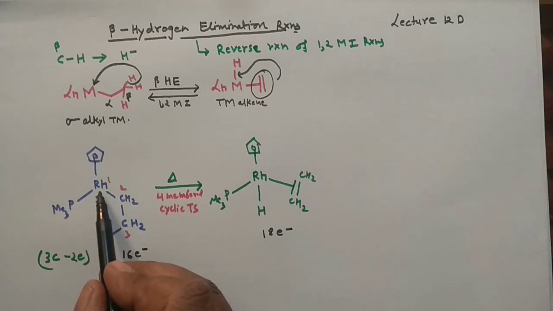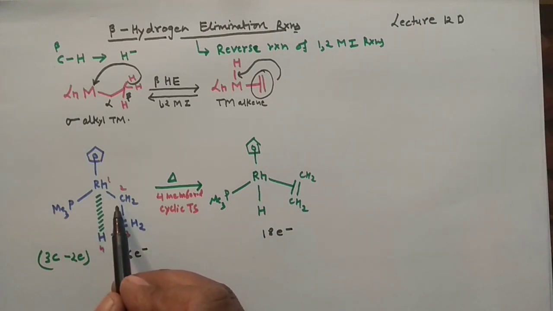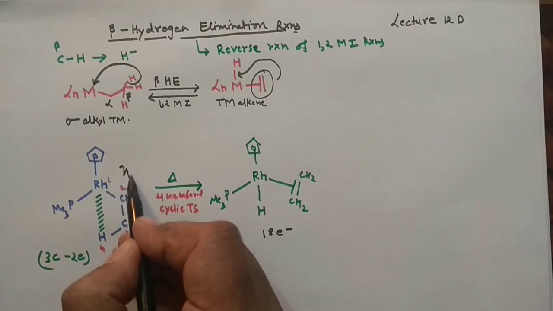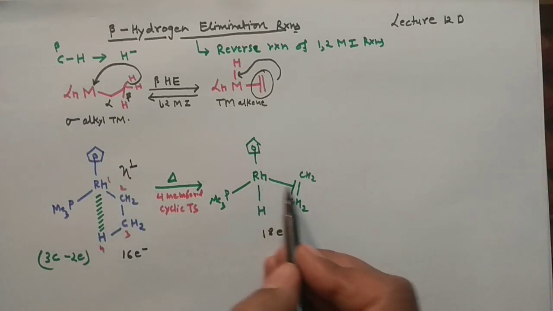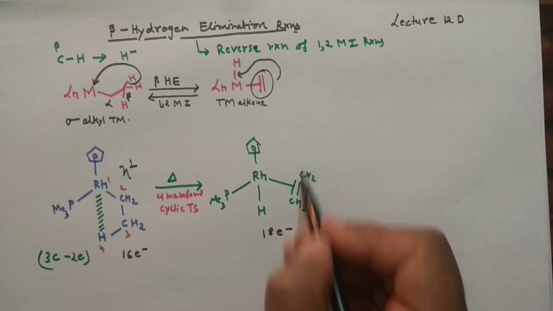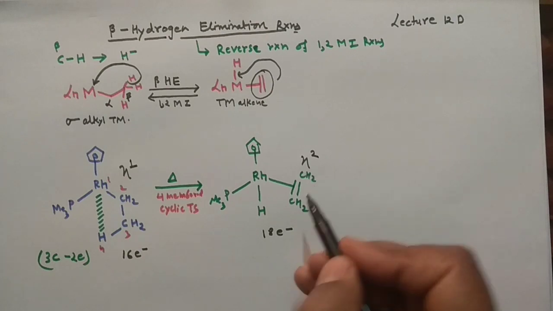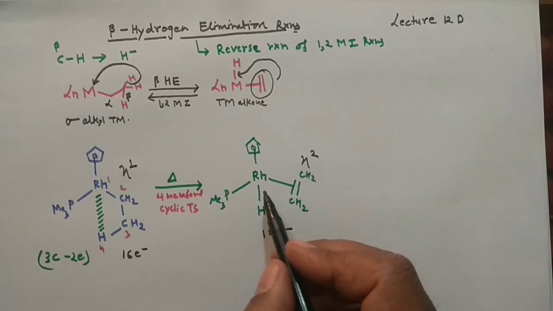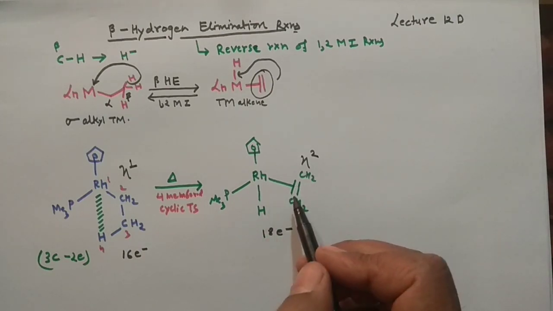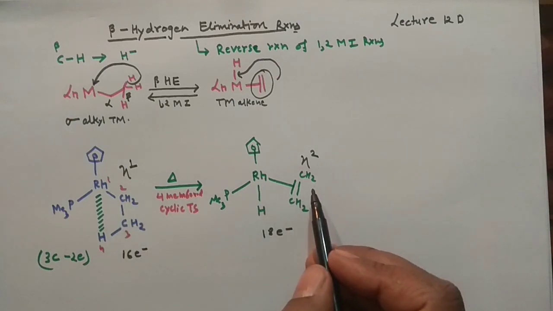Here you can see the rhodium is connected with this carbon only, so the hapticity is only 1 in that case, right? And here this rhodium is connected with the 2 carbons, so with respect to this group the hapticity is 2. So when the alkene is directly connected in the product itself, the hapticity also changes from 1 to 2.